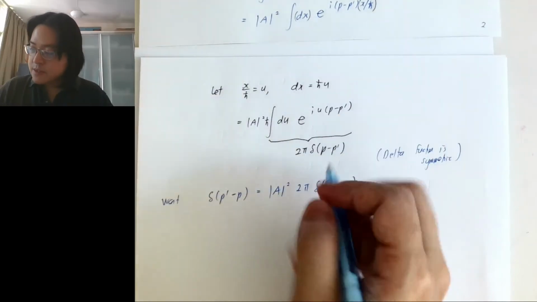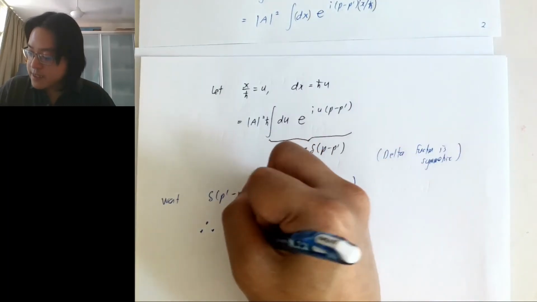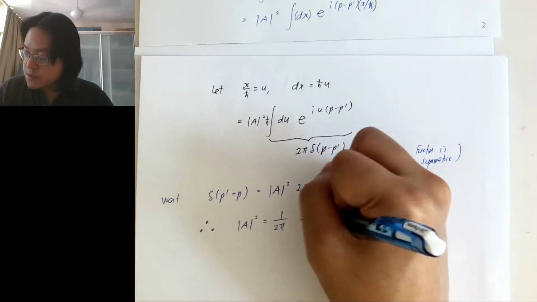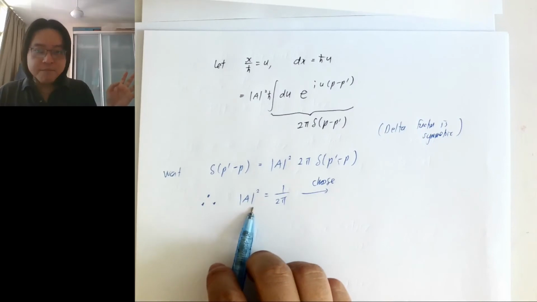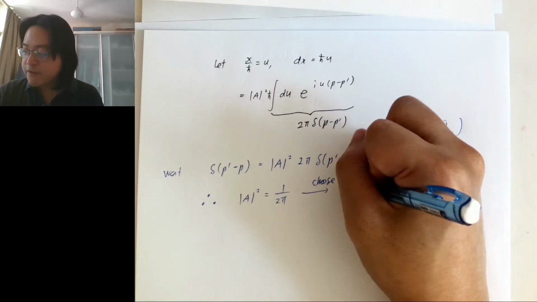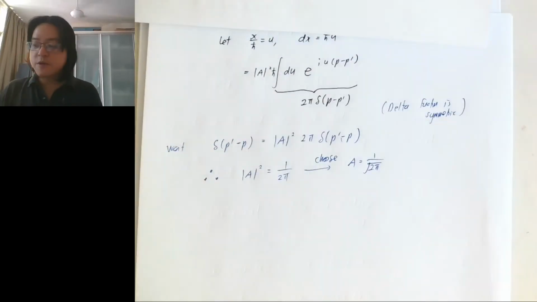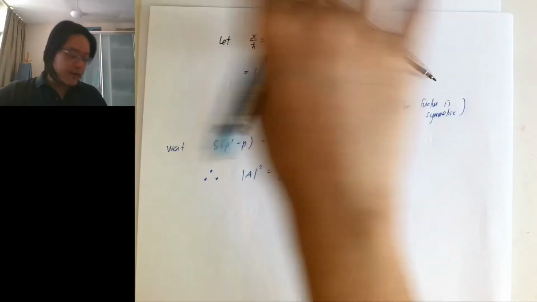Okay, so in other words, comparing left hand side and right hand side, you realize that the absolute value of a squared is equal to 1 over 2 pi. You can choose, because it is not a unique choice, a can be any complex number such that the absolute value happens to be this. So let's choose a real number for a, and then I got 1 over square root 2 pi. Okay, so finally, we have found the eigenstates of P.